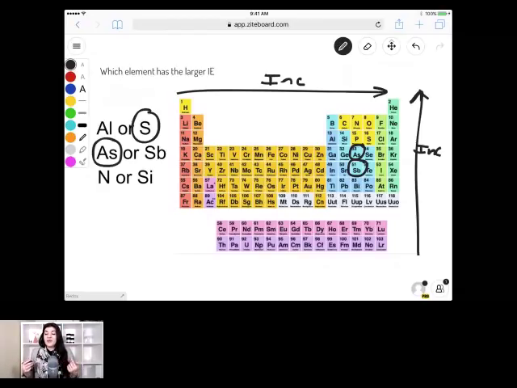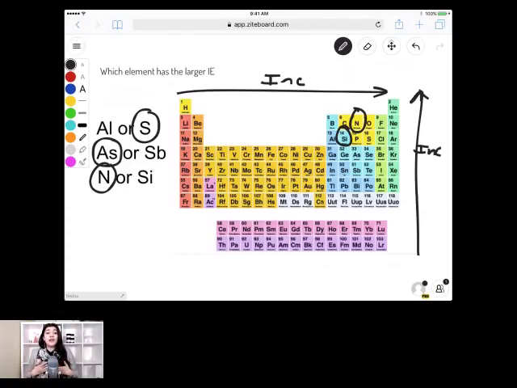And then next, I'm going to look at nitrogen and silicon. We see that nitrogen is once again higher up, and it's also closest to fluorine, or more to the right. So in that case, nitrogen wins, and that has the larger ionization energy. It's really all what we're looking at.